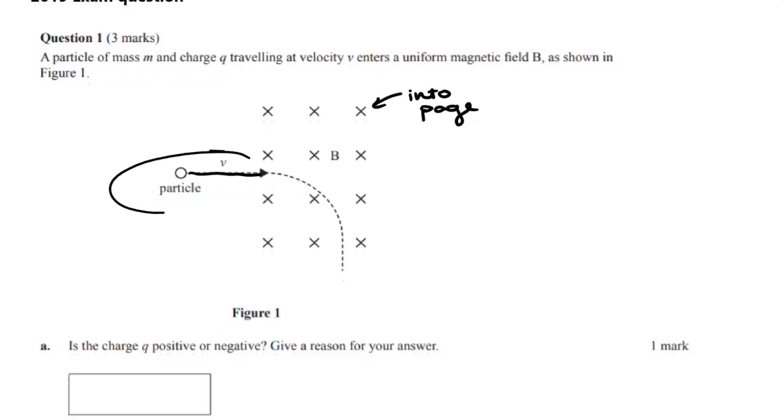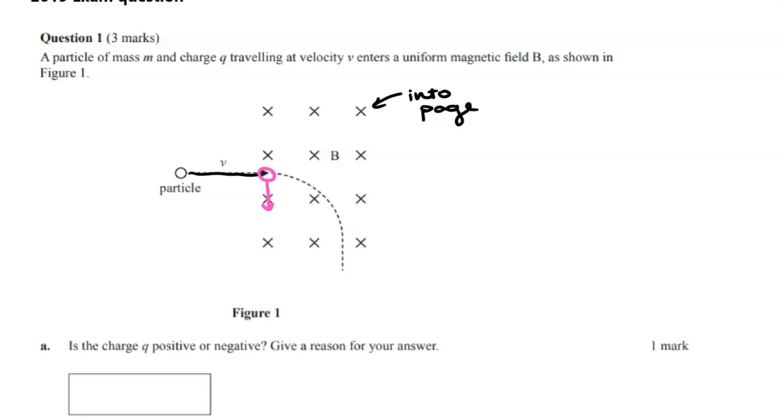So it's travelling in a straight line here because we have no force impacting its motion. But once it enters the magnetic field at this point here, we start seeing it be deflected. Now, to be deflected in that direction, it must have experienced a force this way. If the force was instead upwards, it would have been travelling like this. So let's use our right-hand slap rule here. Align the fingers of your right hand to point into the page.